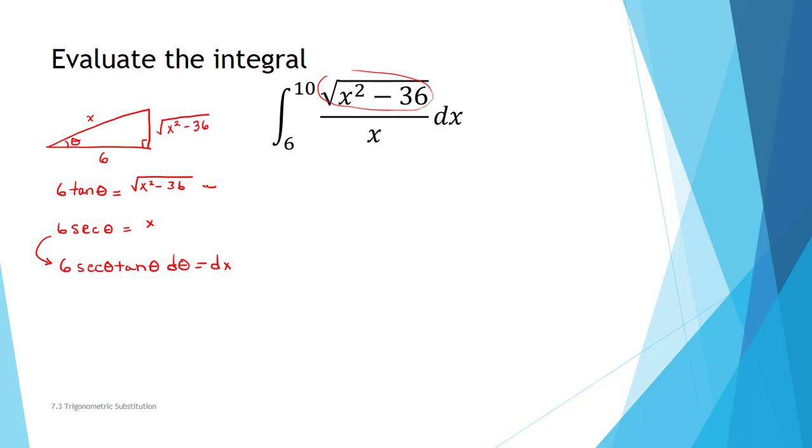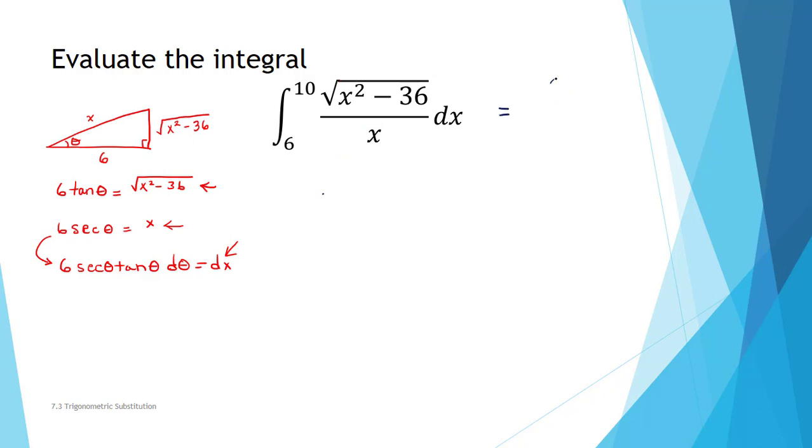Now I can use the top line to substitute in for this radical. I can use the middle line to substitute for the denominator of my fraction, and the bottom line to substitute for dx. So let's do that.